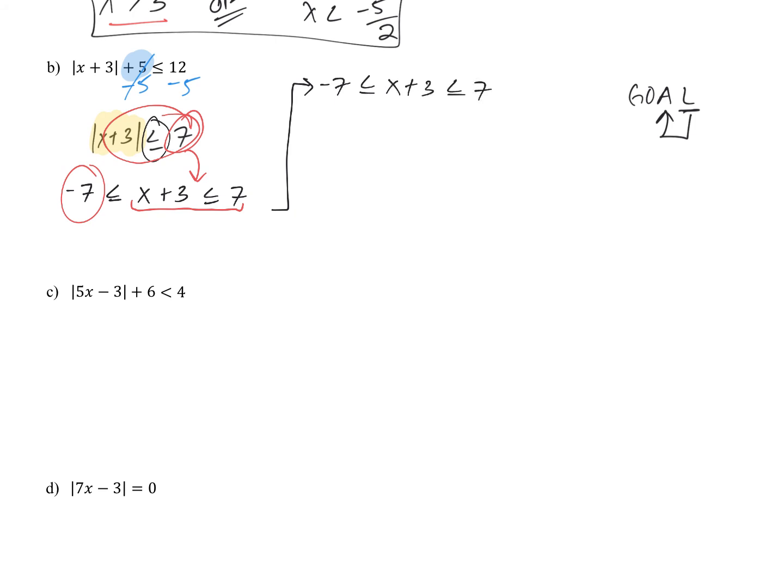Okay, to solve for x, we want to get it by itself, so we'll subtract 3. Remember, we have to do that to all 3 sides. And we end up with negative 10 less than or equal to x less than or equal to 4. Okay, well that is solved. That's our AND statement. Let's go ahead and graph that and then answer in interval notation.